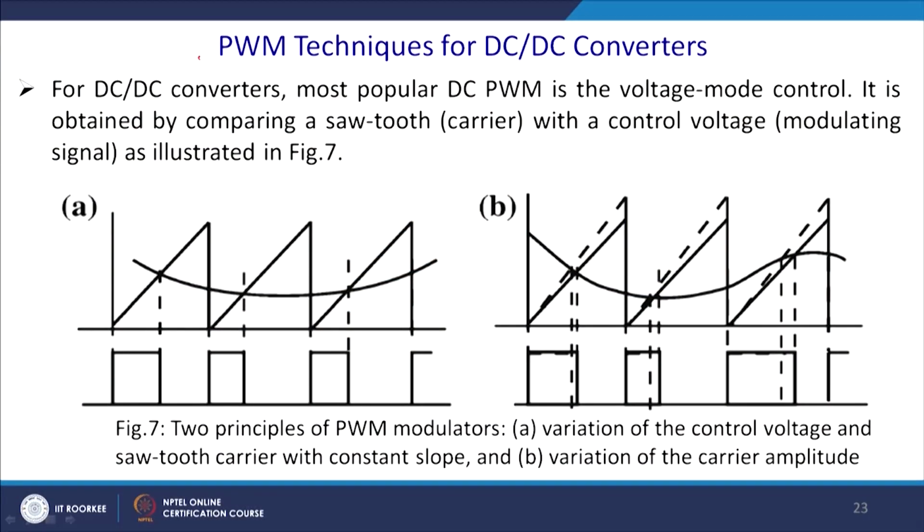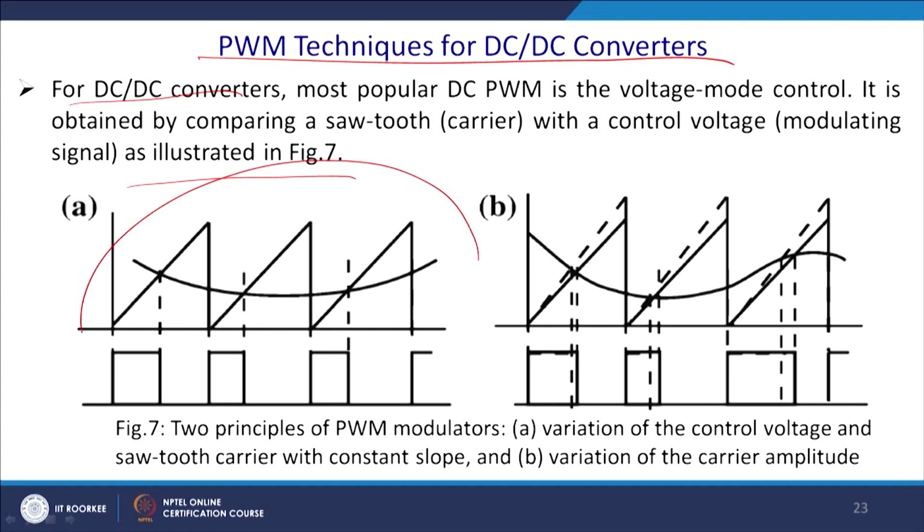So, now we will touch upon the PWM technique for the DC to DC converter. Let us consider a non-isolated DC to DC converter. For the DC to DC converter, the most popular PWM technique is also used. It is obtained by comparing a sawtooth waveform. There you had a triangular waveform; here you use a sawtooth waveform with control voltage signals, as illustrated in figure 7.